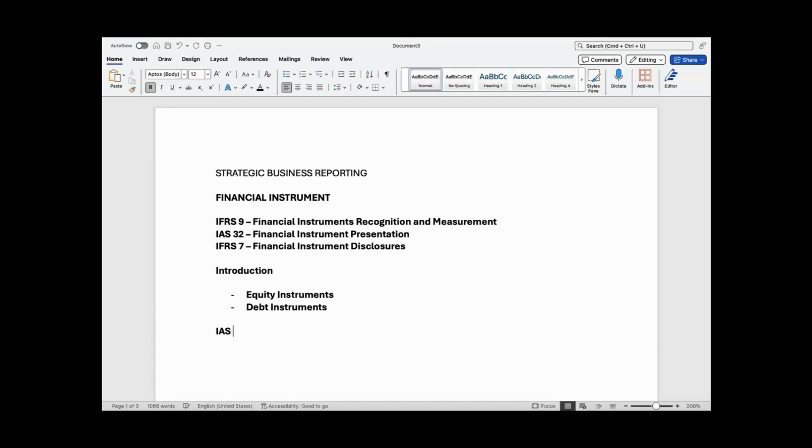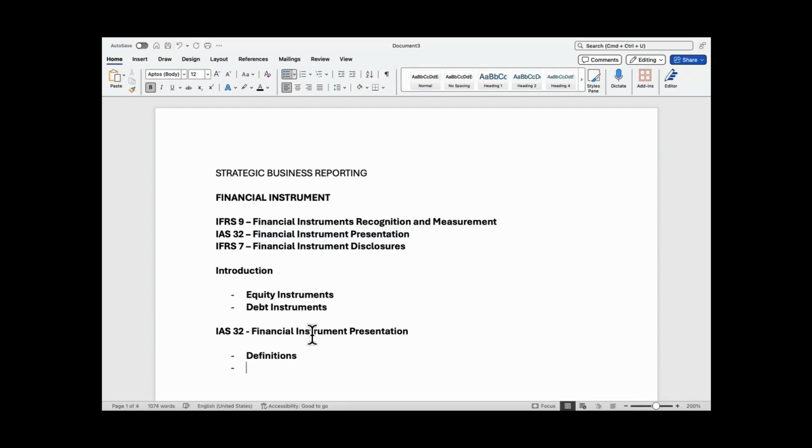For financial instruments, let's use IAS 32 first, that talks about financial instrument presentation, to understand what a financial instrument is. So this IAS 32 talks about definitions that you need to know.